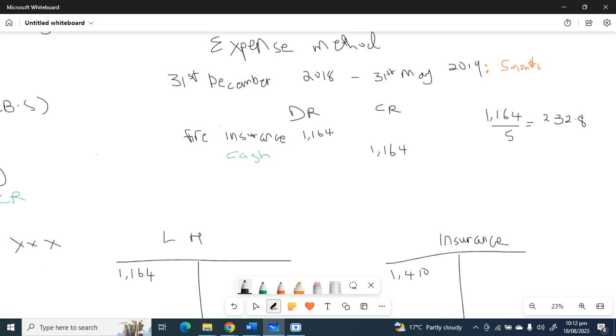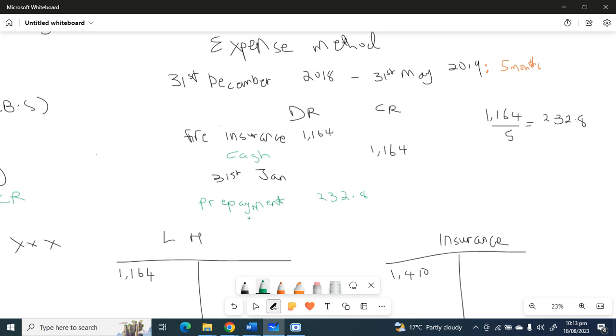So if next year comes and let's say it's the 31st of January, where 1 month gets used up, this is how the adjusting journal entry will be. You are going to debit the prepayment. This is the one that is going to appear as an asset on the balance sheet, 232.8.